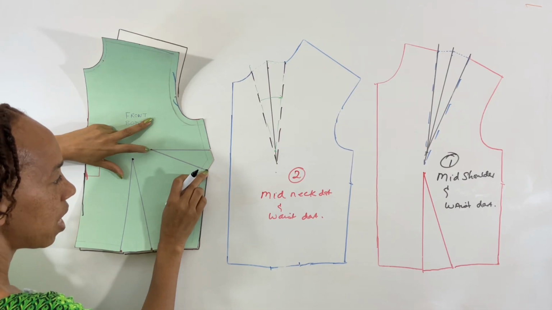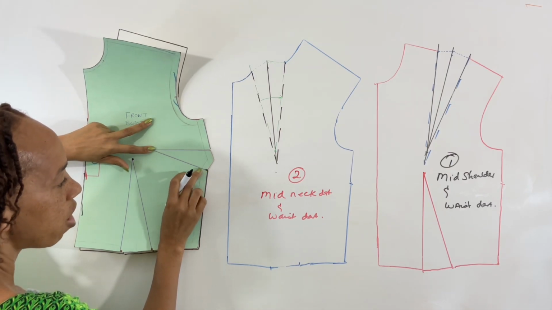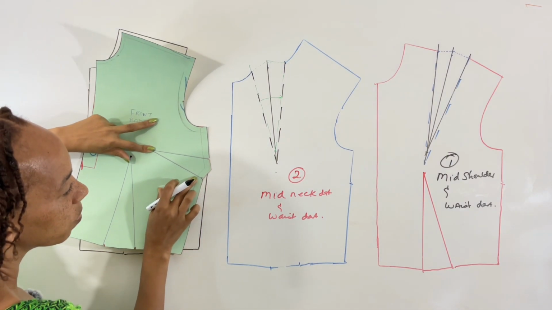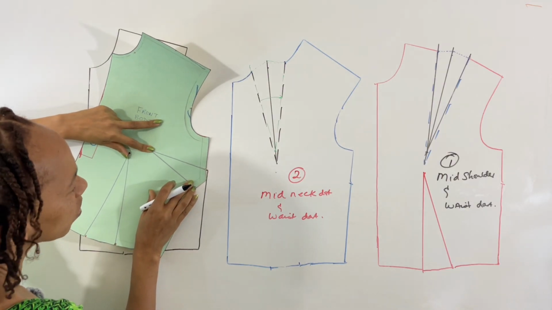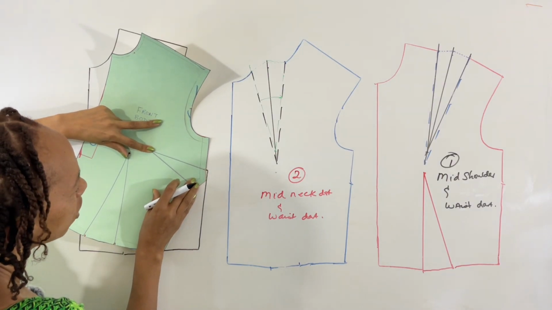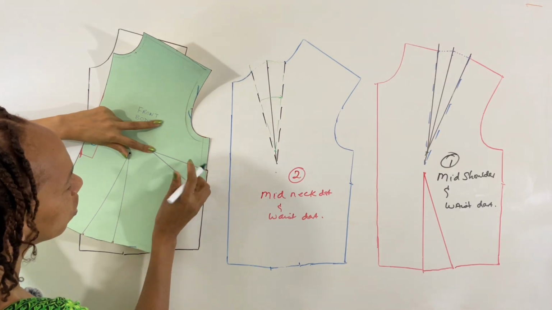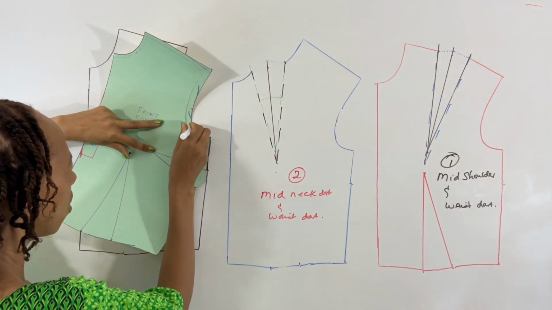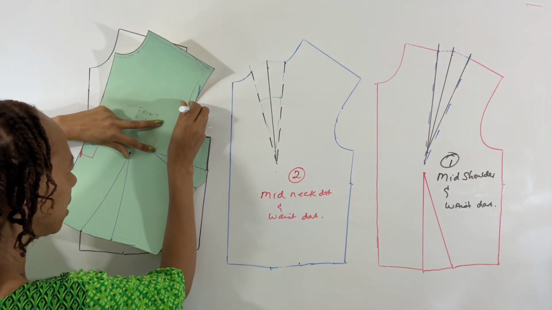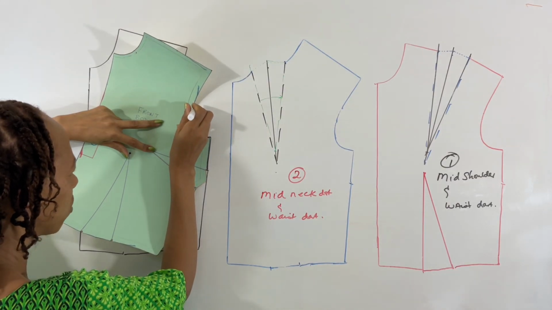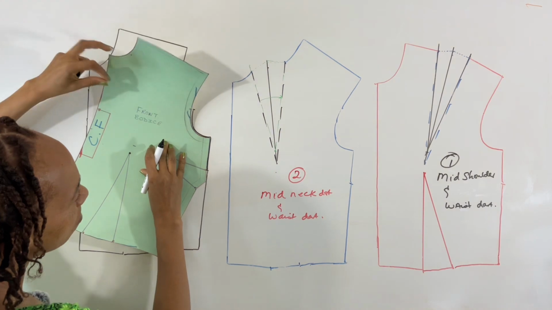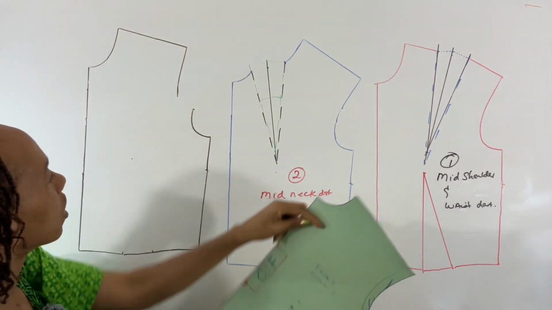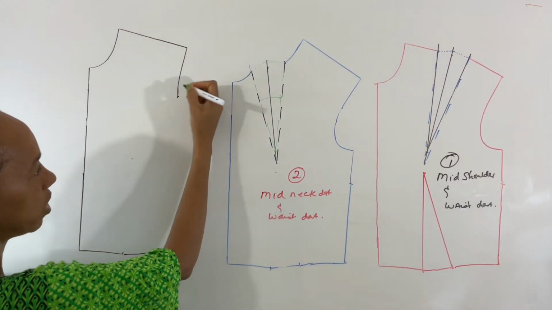So you're going to place a thumbtack here, and you are going to close this. Once you close this, then what you're going to do, you're going to continue around up the side seam to that mark that is right by the mid armhole. So you have the 2 marks there. This was your first one.